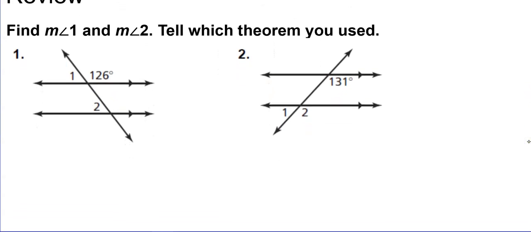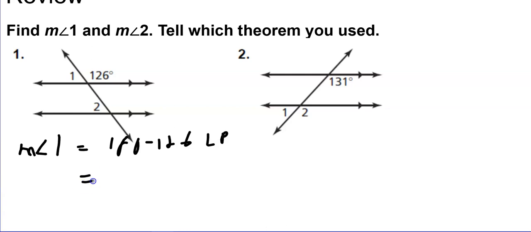Find the measure of angle 1 and the measure of angle 2, and tell which theorem you used. Well, angle 1 is going to be equal to 180 minus 126 because they are a linear pair.